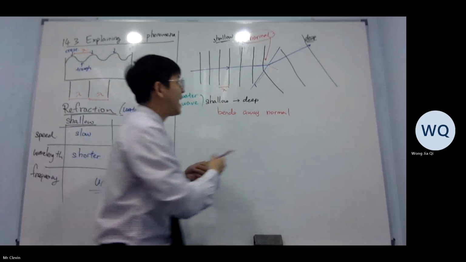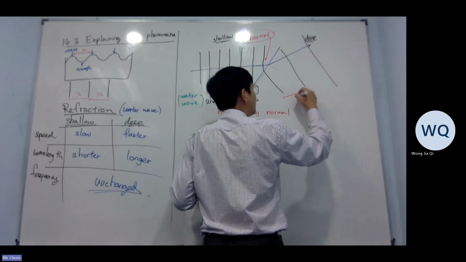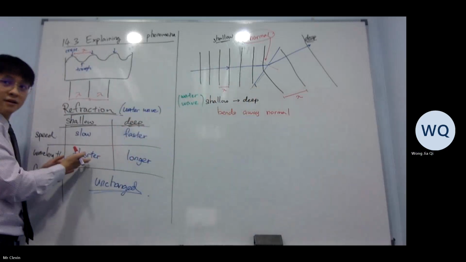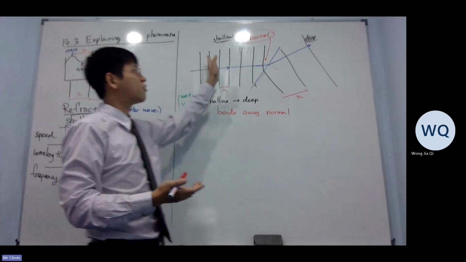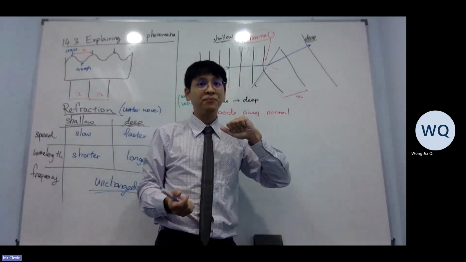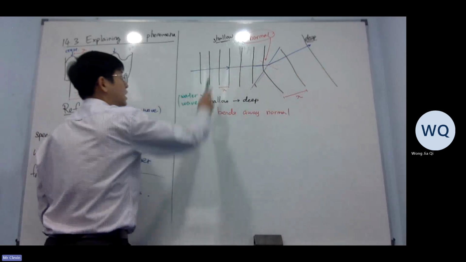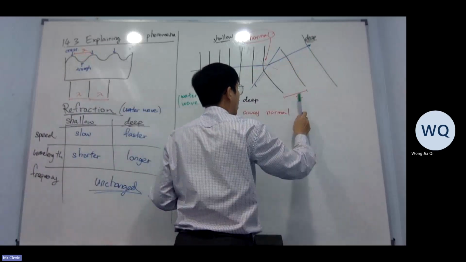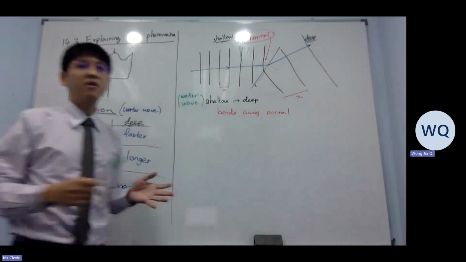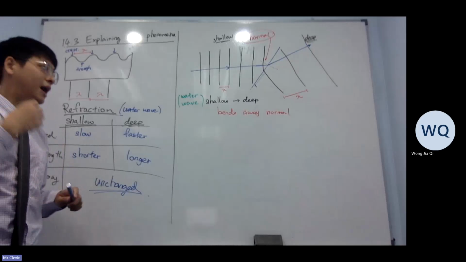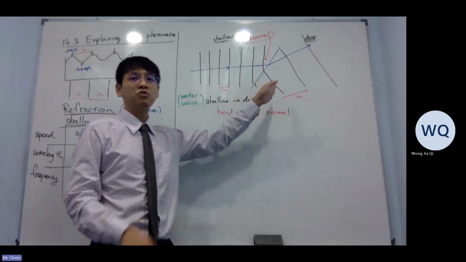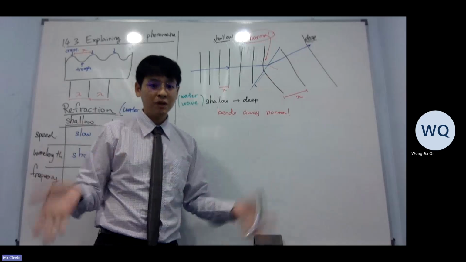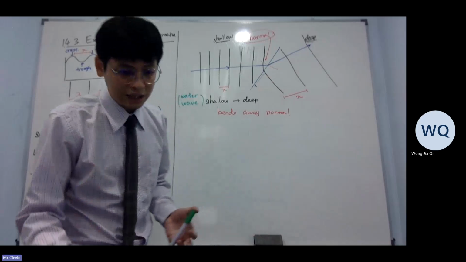Short. After, when you go into the deep region, what happened to my wavelength? Long. That is how we draw from shallow to deep region. So always remember, in shallow region, short wavelength; in deep region, long wavelength. This is very, very important because in IGCSE, yes, they do ask you to draw sometimes. Okay, so this will be the water wave that you need to know.